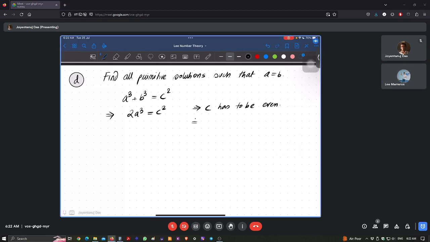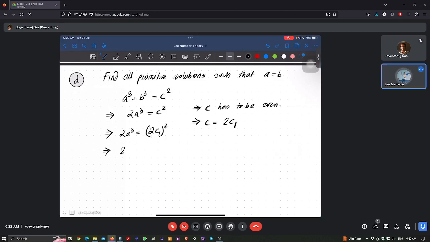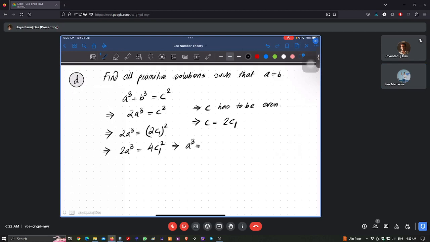So suppose C equals 2 times some C1. If I substitute again, 2A cube equals 2C1 whole square, which is 2A cube equals 4C1 square. So that gives me A cube equals 2C1 square, right?